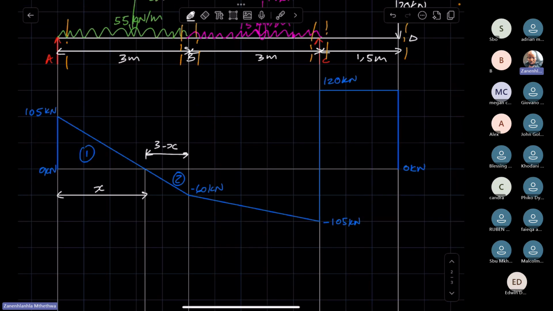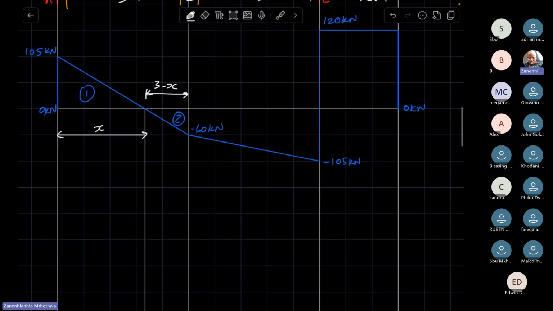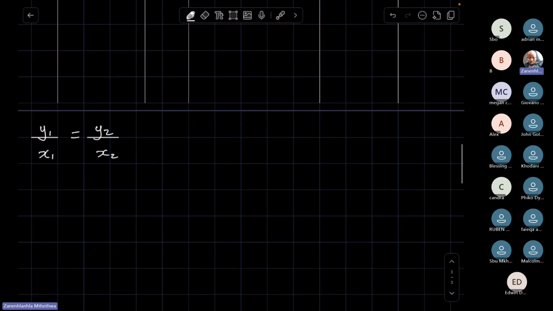Now, each of these values we are going to use as distances. Distances are absolute; they are scalars. Hence, we do not consider the direction. Seeing that we are going to take the y and x values as distances, we are not going to consider a direction. So with y1, we take y1 as that 105.